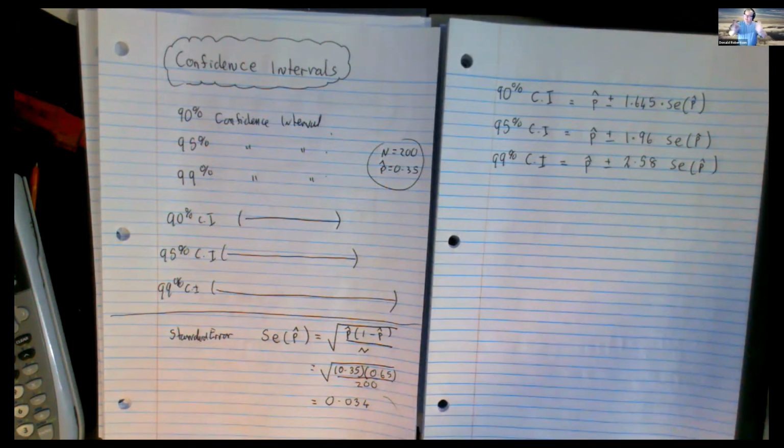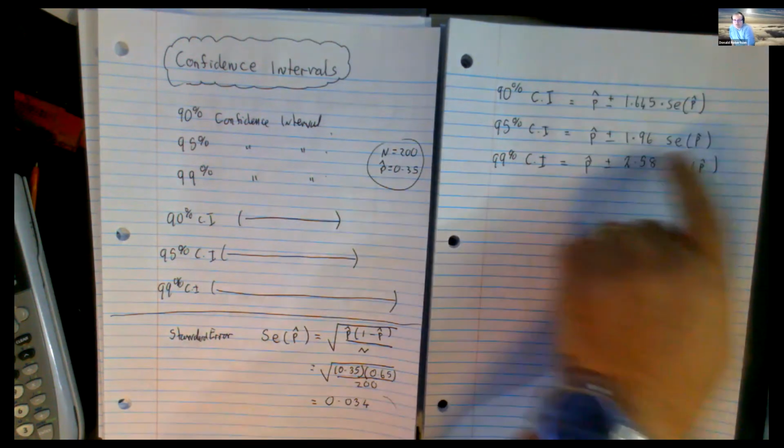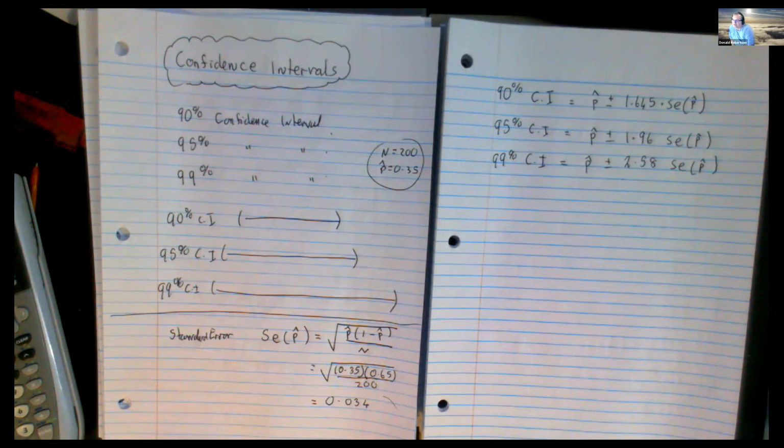90, 95, 99. Okay, which one of those three do you want me to do just as a calculation to show you what it looks like? Anybody got a preference? Do you want a 90, a 95, or a 99? Could you do 99? Let's go for it then.